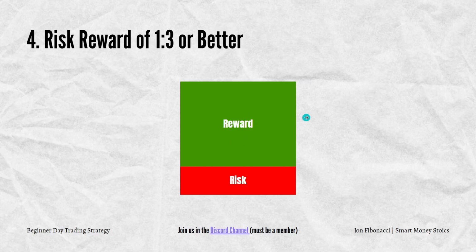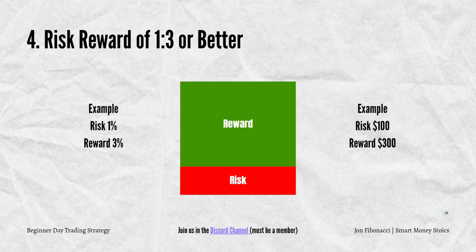So the reward is 3 times the amount that we are willing to risk on any particular trade. So an easy example, you can risk 1% to make 3%, not bad. Or if you don't like percentages, if you like, let's say, dollar amount based risk, then you could risk $100 for a reward of $300.